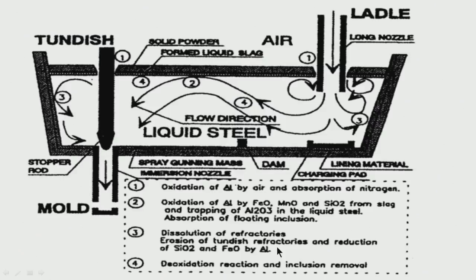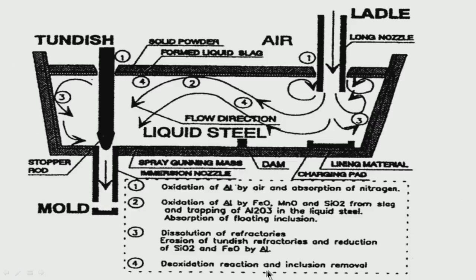Then at this point, as I was discussing, some amount of deoxidation is possible in the Tundish, because you have a small amount of aluminum here. So whatever dissolved oxygen is there, there is a possibility of deoxidation. So the alumina, the deoxidant that is forming, tries to float and should get absorbed.